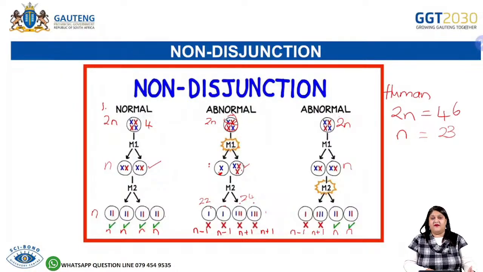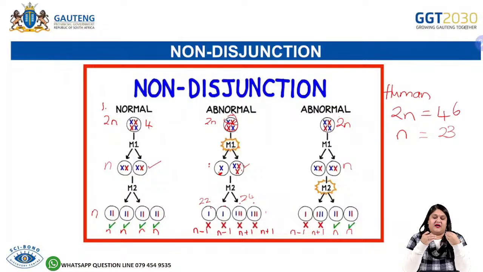However, the examiner might ask you a different one. They might talk to you about a pineapple, or about a cat, or about a dog. So if you just understand n, then we know that whatever they give you, the context of the question is important. They will tell you how many chromosomes the pineapple has, for example, or the dog has.